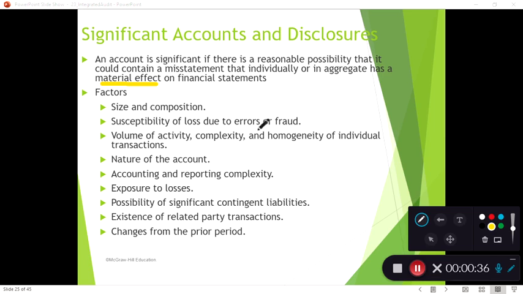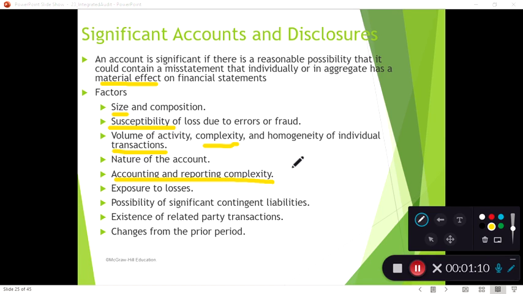And so how do we determine that? Obviously, size. Large accounts relative to the total amount of assets or total amount of sales. How likely is it, or how susceptible is it to loss? Things like complexity, in terms of the actual transaction complexity, how complex is it to report, right?